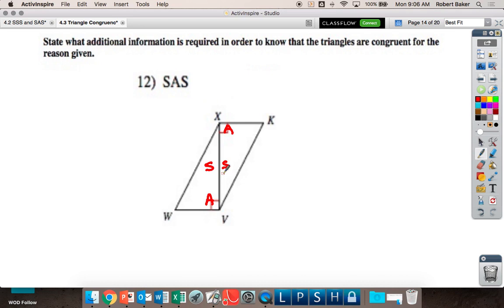What else do I need? Another side. There's only one option. If you pick the wrong side, it's ASS, and I don't want that. I want SAS. This side and that side. So I need to say that VW is congruent to KX. And then the hard part.